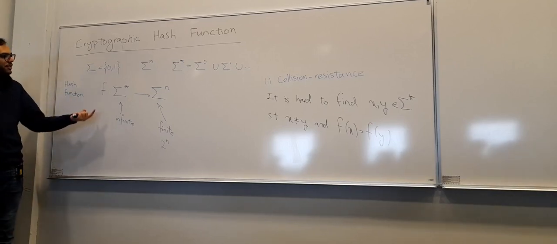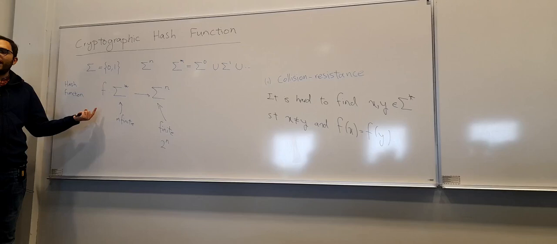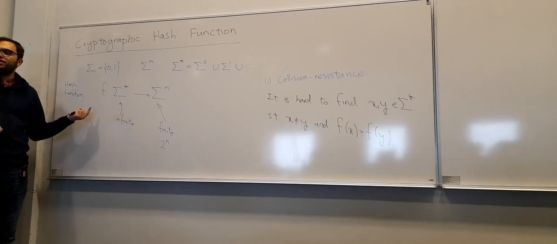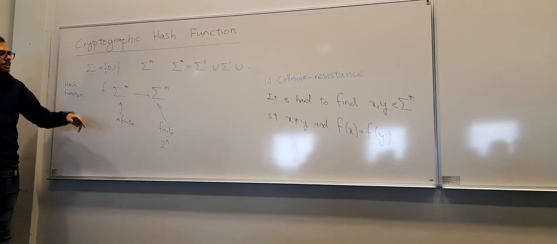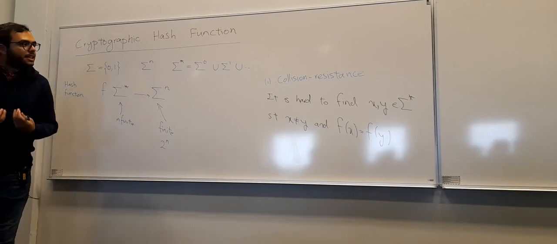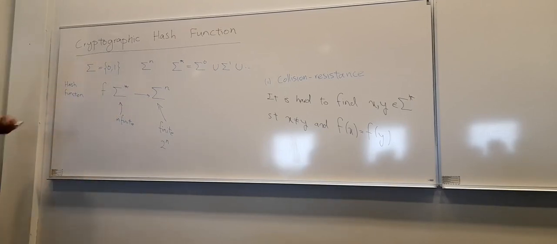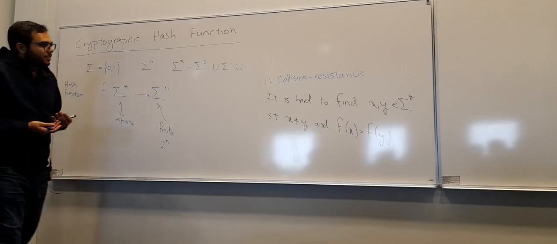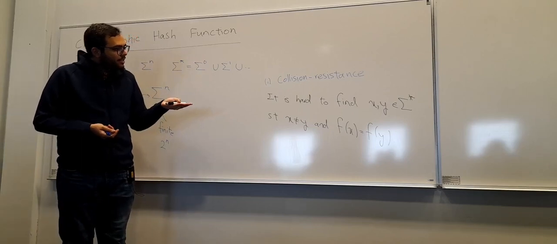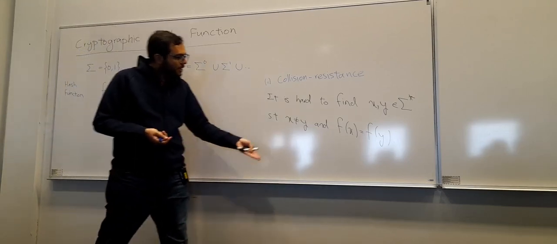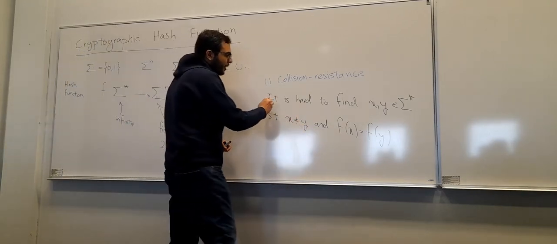So if the number of strings that you can give as input to your hash function is more than that, of course, there are going to be 2 strings that are mapped to the same hash, right? So I cannot say that I want my hash function to be 1-to-1. It's impossible. But what does this collision resistance actually mean? I'm not saying that there are no 2 strings x and y that have the same hash. I'm just saying it's hard to find them.